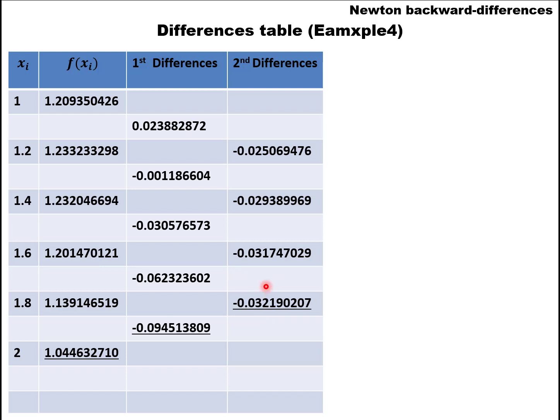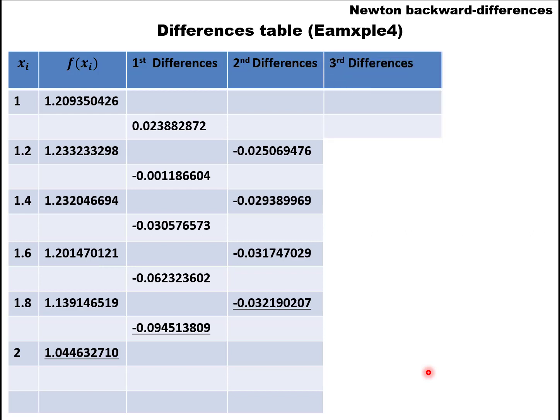This is the second difference. So remember, this is nabla square f of x5, nabla square f of x4, nabla square f of x3, nabla square f of x2. You have to start from the endpoint and move in backward direction.